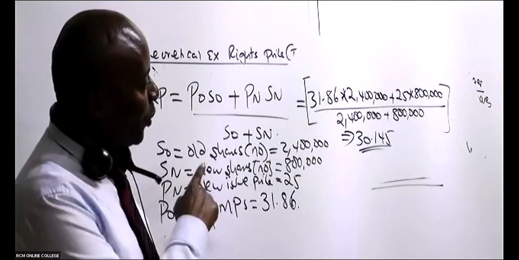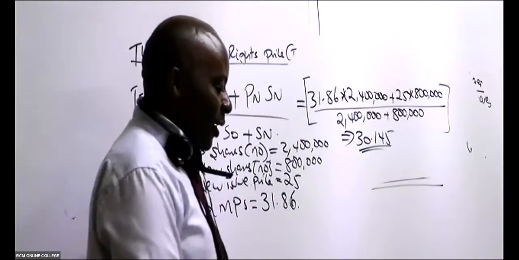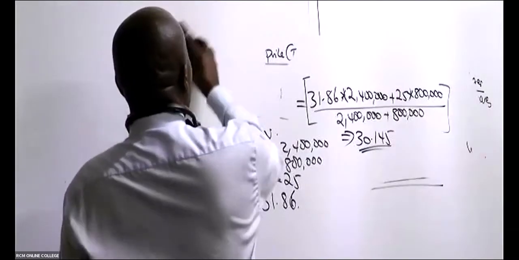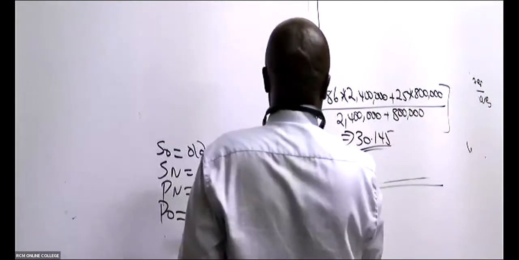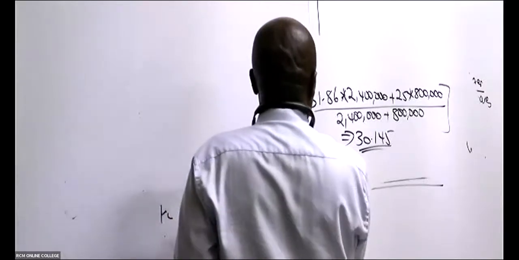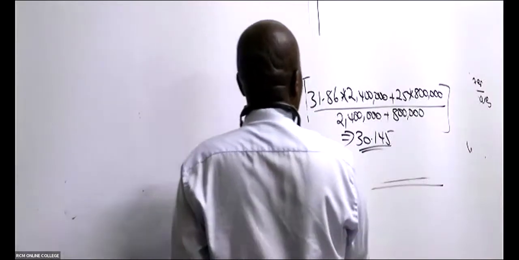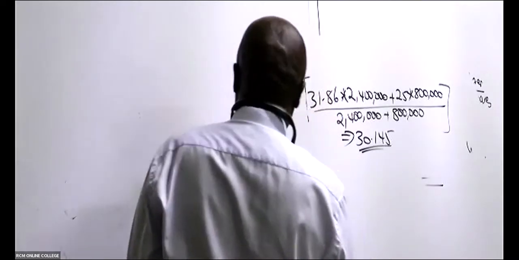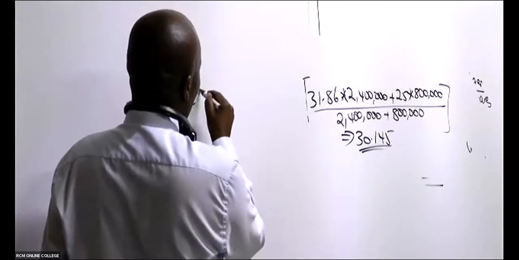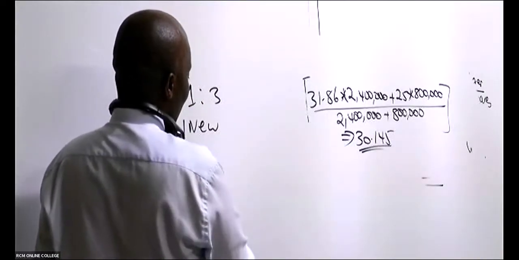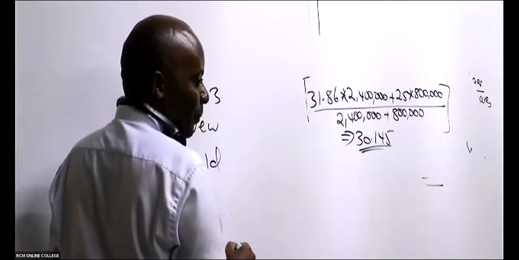But a good student will never do this question this way. Especially those students that I taught myself in financial management, I'm so sure you can't do this question this way. This is an old, bad style. The better style is to remember the rights ratio, which is 1 is to what? 1 new for every 3 old.